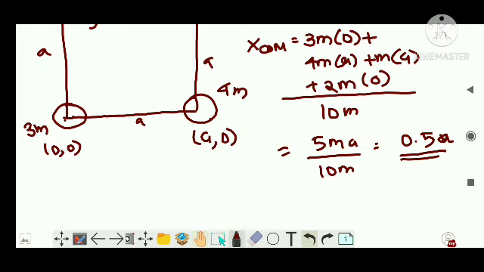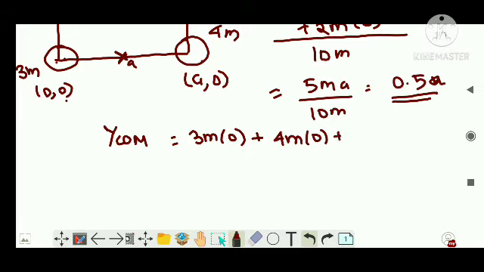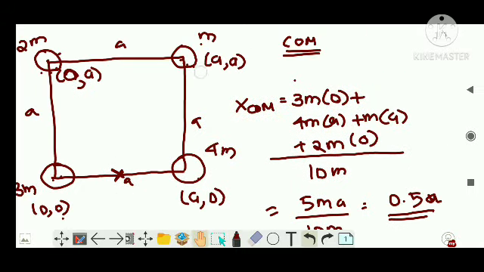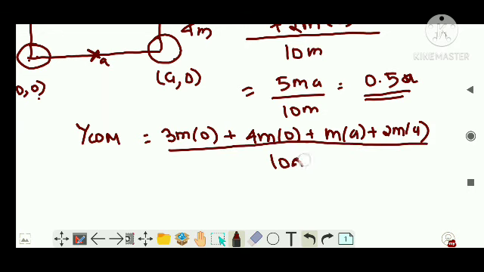Of the center of mass, the x coordinate 0.5 will be around here now, right? That becomes the x coordinate. Now let's move on. Let us find the y coordinate of the center of mass, right? That is m1 y1: 3m into 0 plus 4m into 0 plus m into a plus 2m into a, whole divided by the total mass 10m, right?